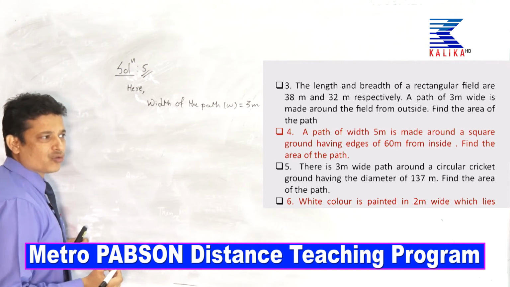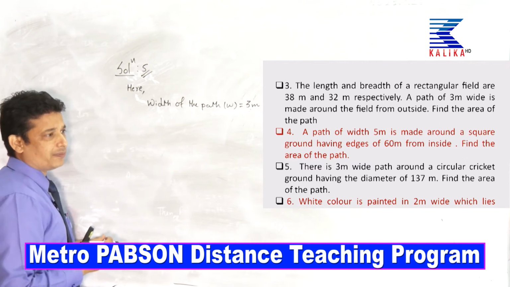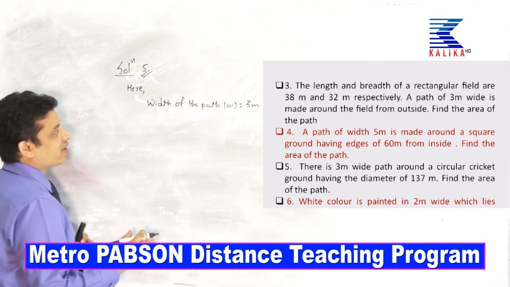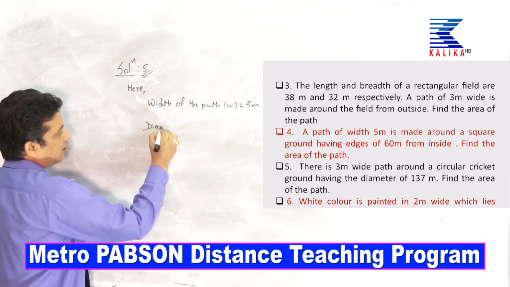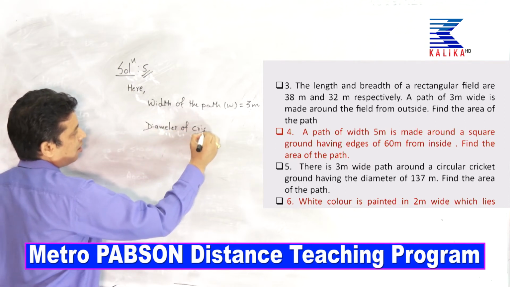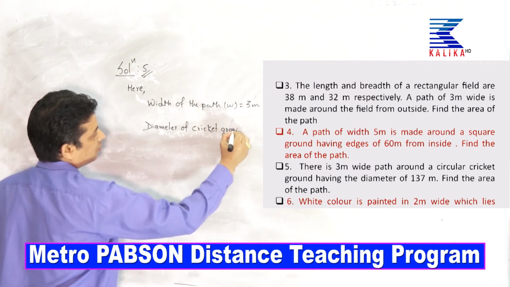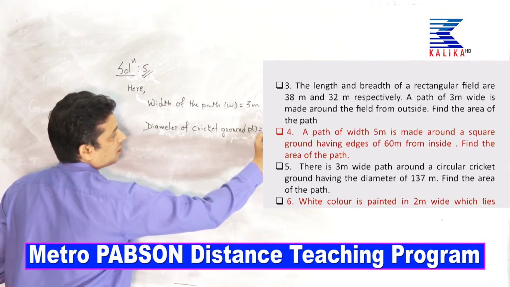Can you say what is 137 meter, dear student? Can you guess this? 137 meter means the diameter of the cricket ground. It means the diameter of the cricket ground, D, is given as 137 meter.